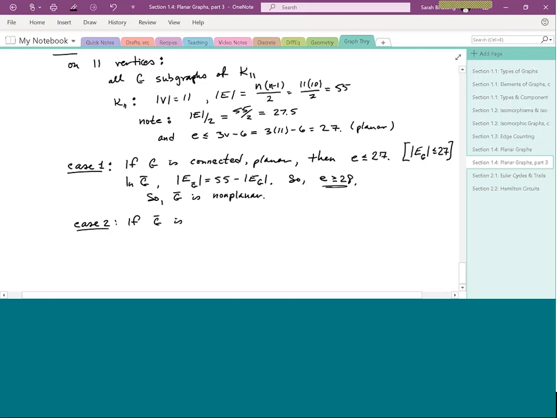Well, if the complement graph is a connected planar graph, then we know that the number of edges in the complement graph is either 27 or fewer, so the number of edges in the complement graph is less than or equal to 27. So then if you looked in the original graph, now here's the fun part. If you started with a complement graph and then you went to the original graph, what's the relationship between those two?